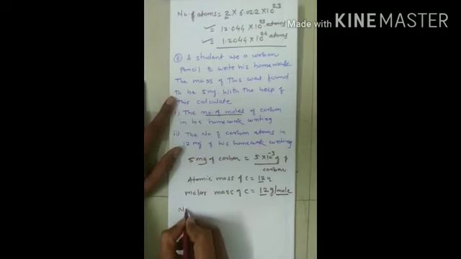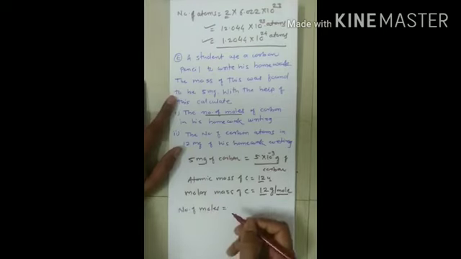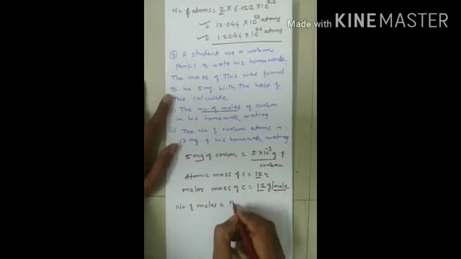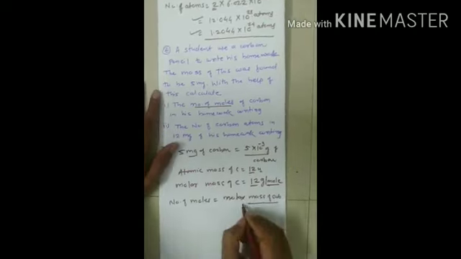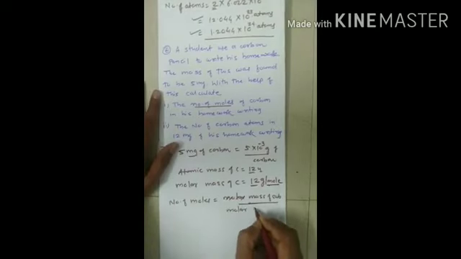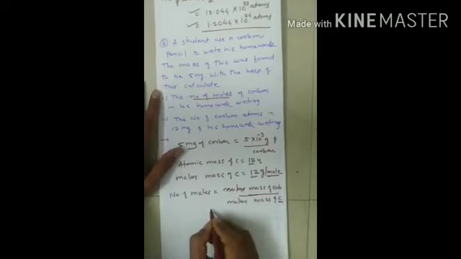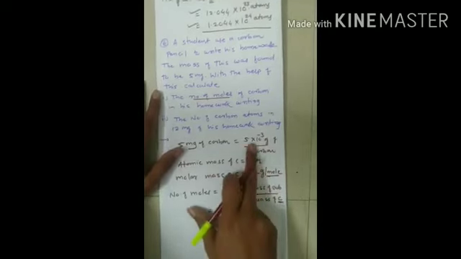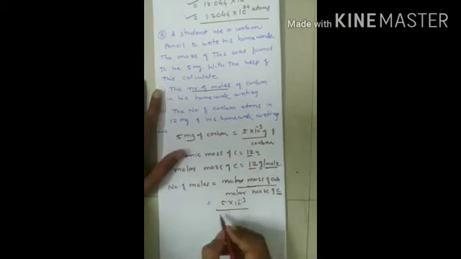And as we all know, the formula for number of moles is equal to the mass of a substance divided by the molar mass of that particular substance, or in this case the mass of carbon divided by the molar mass of carbon. The mass of carbon is already given in the question: it is 5 into 10 raised to minus 3, and the molar mass we have seen is 12 gram per mole.